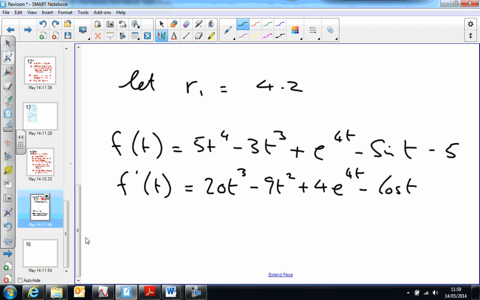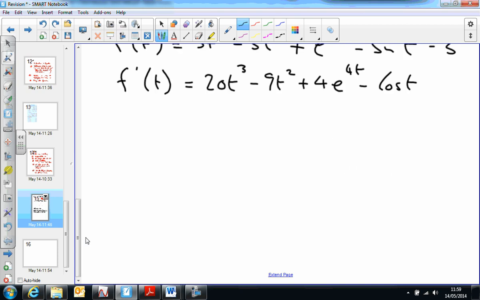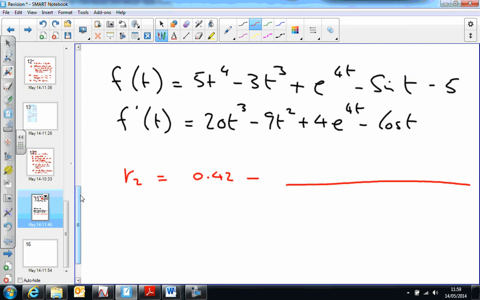And now I write down what R2 is. It's going to equal 0.42, which is my R1, minus the function for R1. So it'll be 5 times 0.42.